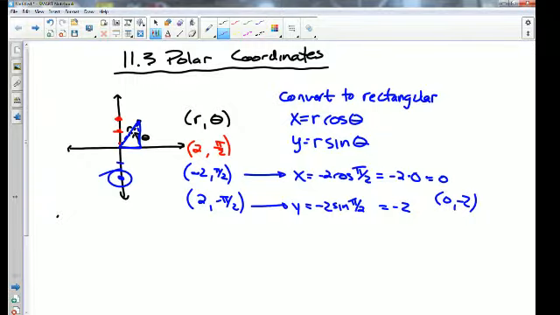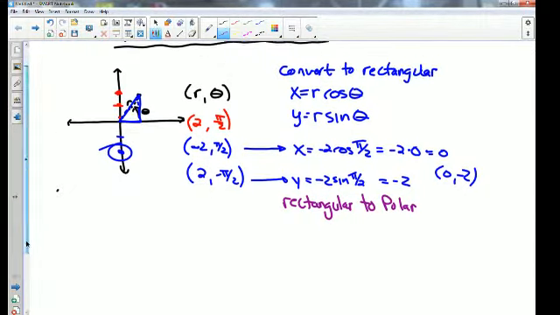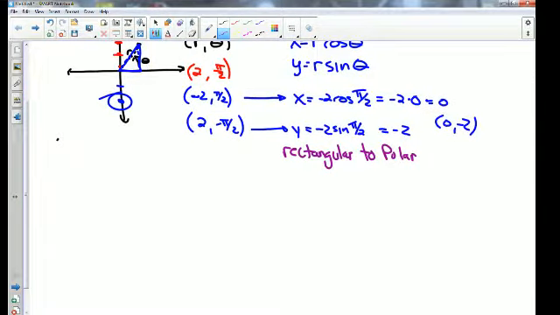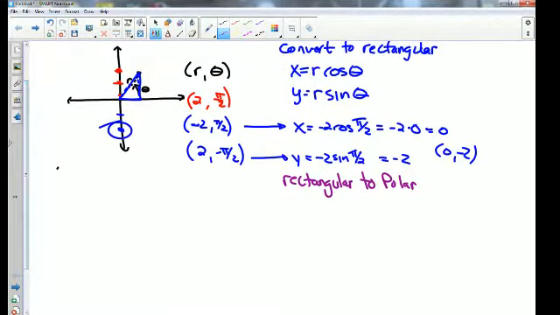What if I give you a point and ask you to convert rectangular to polar? So x divided by r is the cosine of theta.